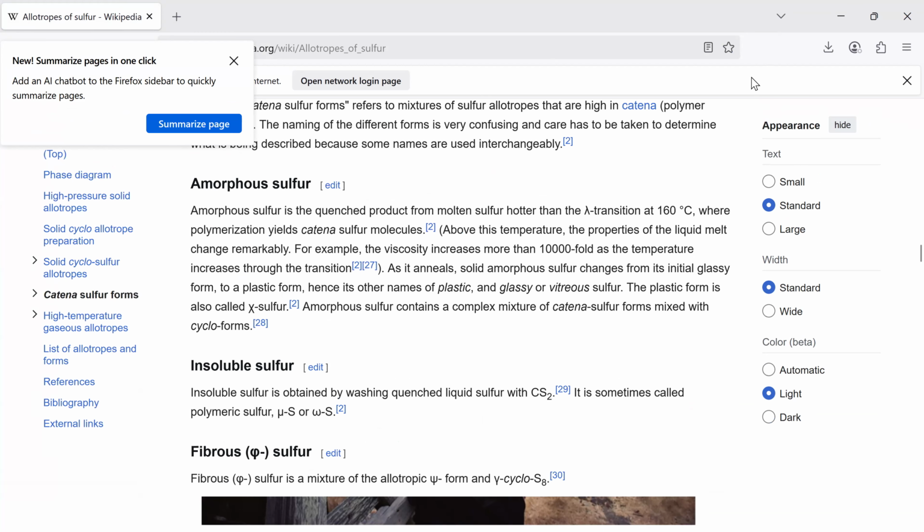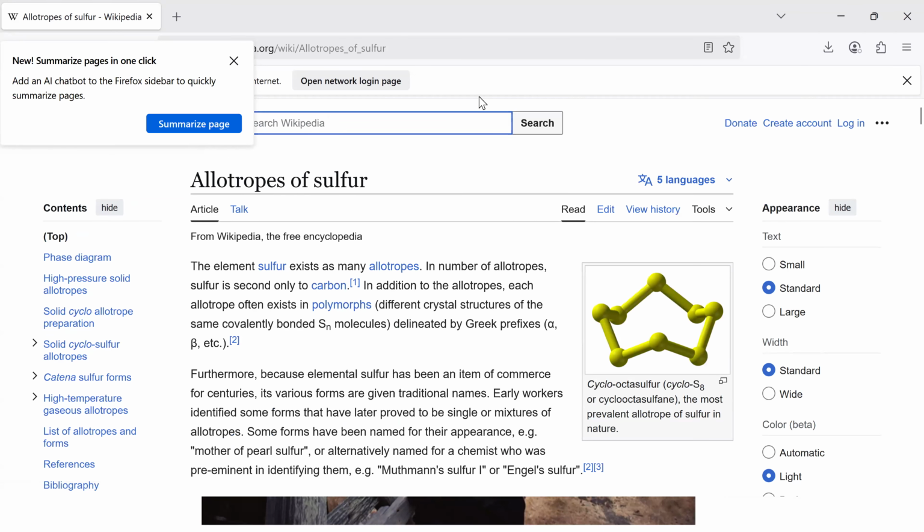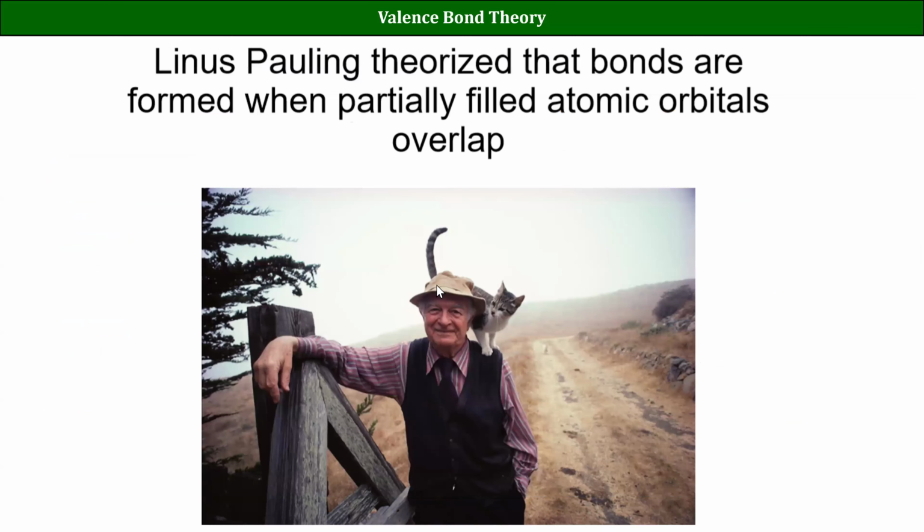That's why we don't have you memorize what sulfur looks like. But carbon does the same thing. It has two different solid forms in its pure state, and so does phosphorus. Phosphorus has white phosphorus, black phosphorus, red phosphorus, and violet phosphorus, I think. Those are all pure phosphorus, but in different crystal structures.